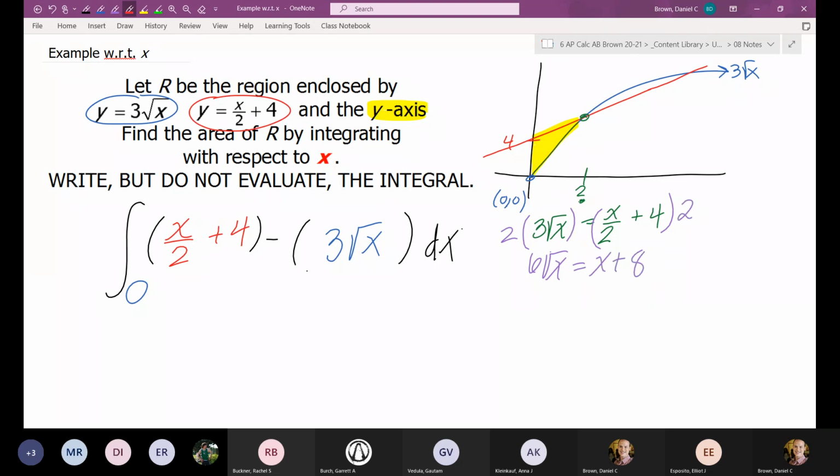And then what else makes that kind of gross is that square root function. But we know how to get rid of a square root. How do we get rid of a square root? Square both sides. We know how to do that algebraically. 6 times the square root of x, squared, is just 36x, which is equal to, please make sure you FOIL that, so I have x squared plus 16x plus 64.